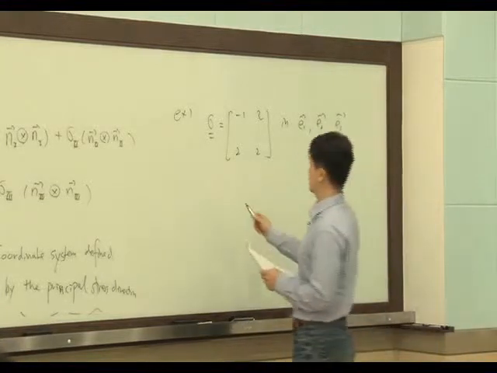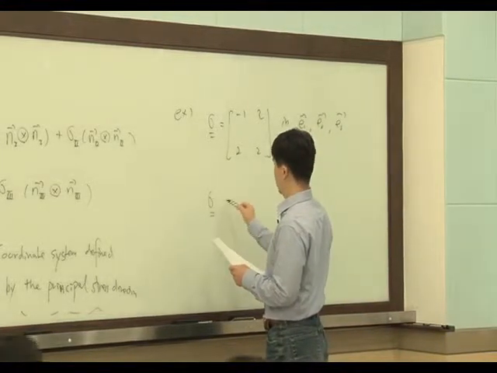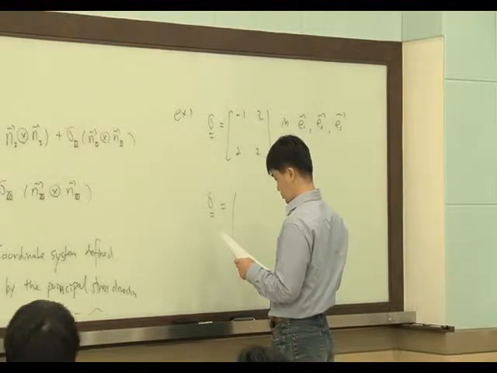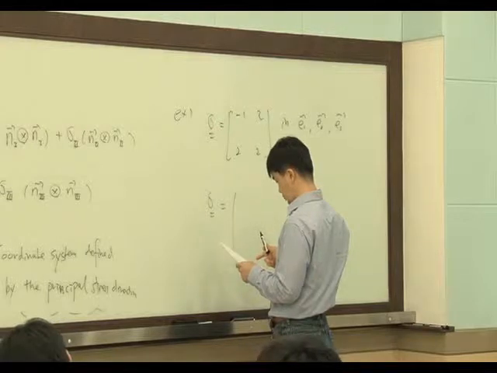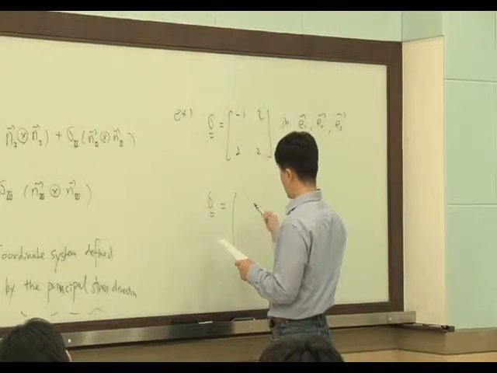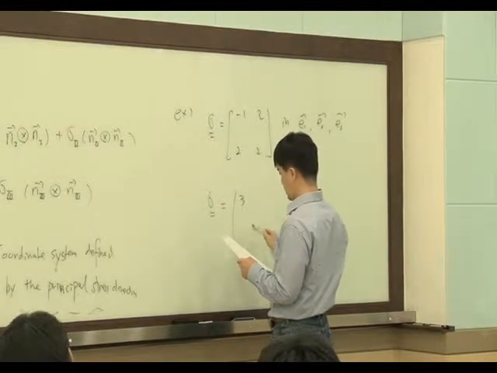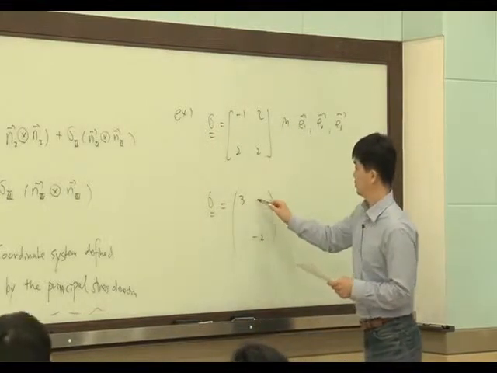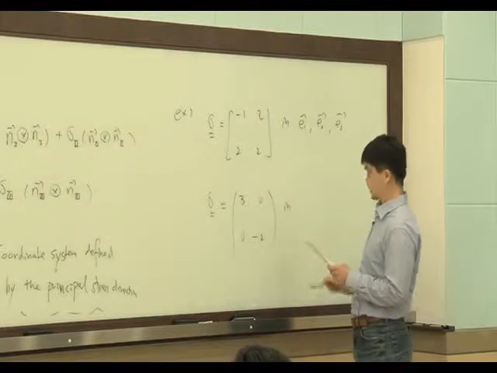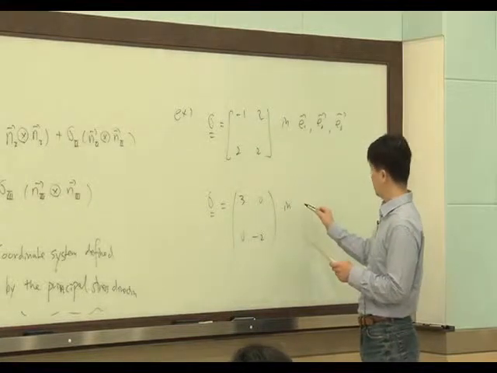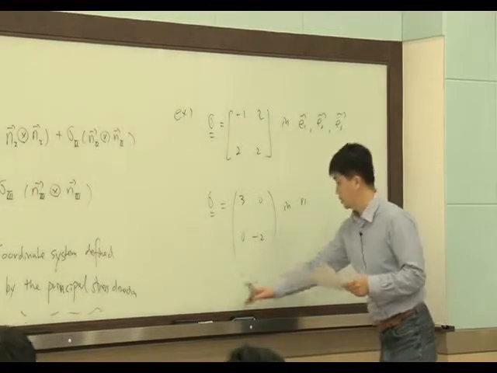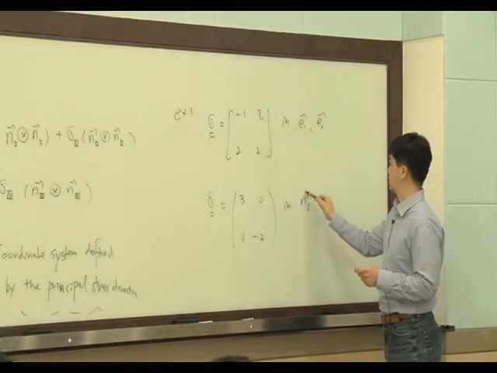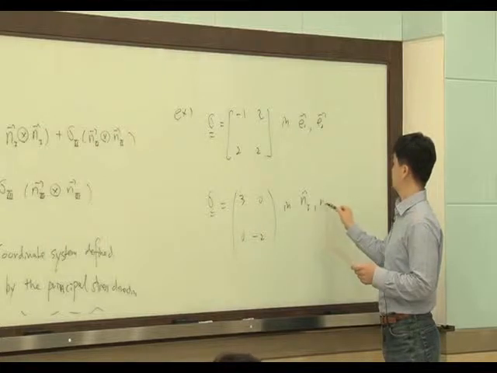How about the stress? It becomes 3, -2, 0, 0 in the coordinate system defined by the base vectors N1 and N2.